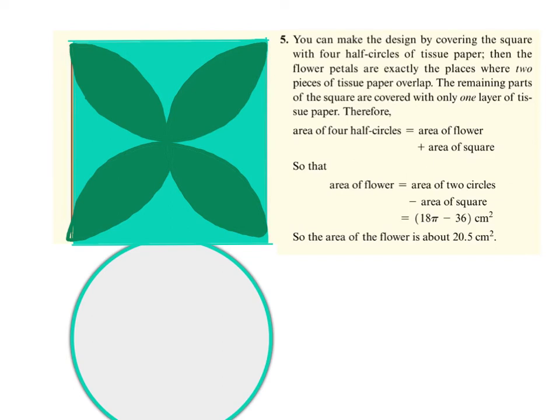So that means if I find the area of those 2 full circles and subtract the area of the square, what will be left is just the area of the flower, or those green petals. So when I find the area of the circle, remember that the diameter going all the way across was 6 centimeters.